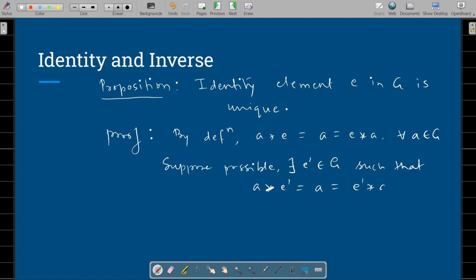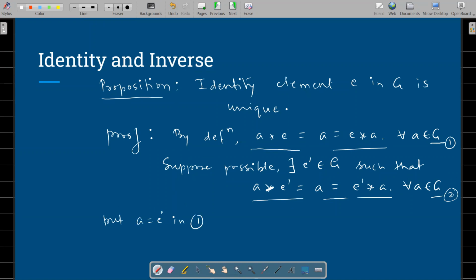So then you multiply E and E dash. This is true for all A and this is true for all A. Okay. So in the second one, put A equal to E dash in 1, because that is true for each and every element of G, right?